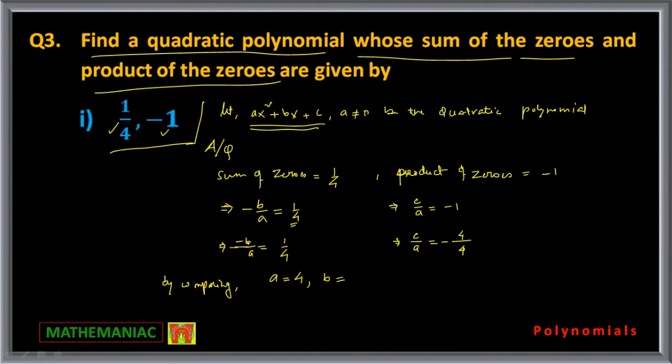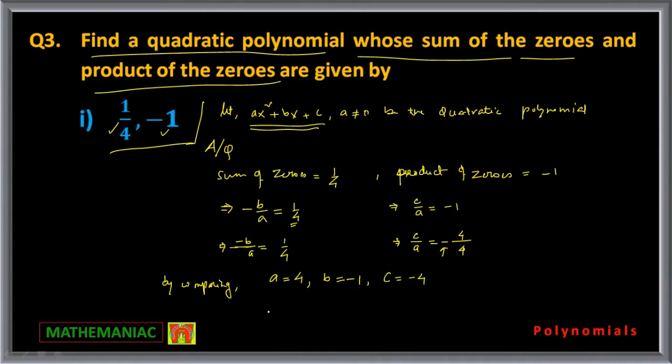Now it's crucial. What is b equal to? Look, if you compare, minus b will be equal to 1. Then what will be the value of b? It's minus 1. And the value of c, if you compare, look again, this minus should be taken with this numerator 4. So what will be the value of c?